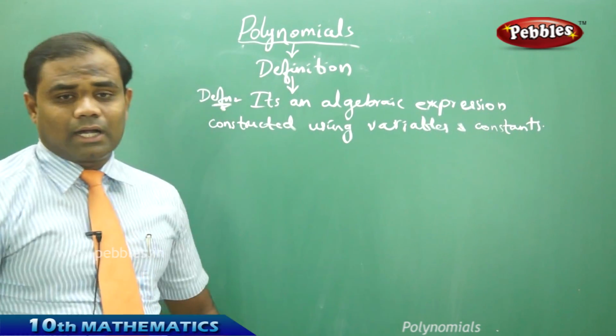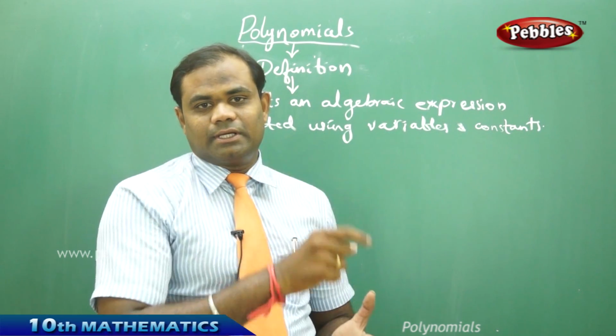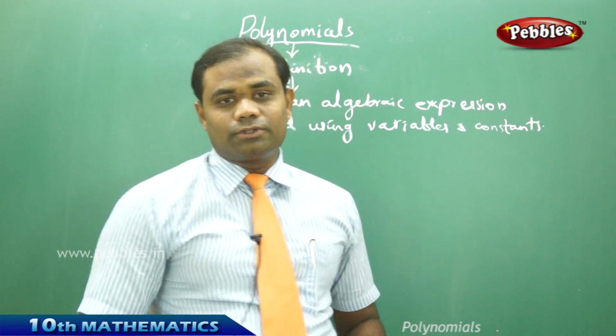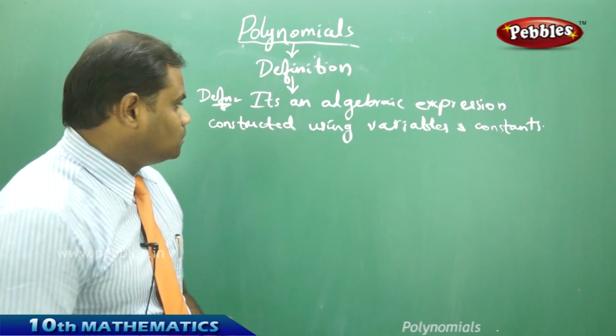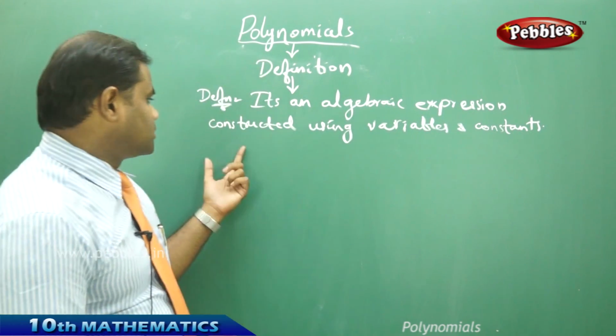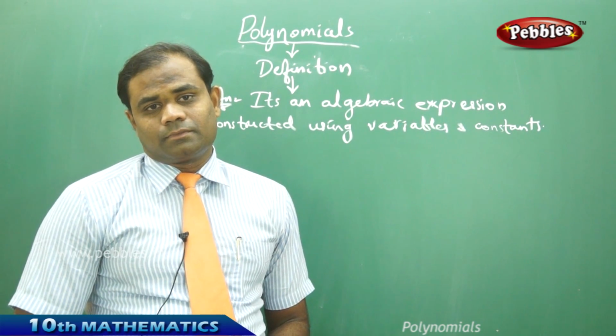Variables are the ones which can be changed according to the value you fix, but constants are values which are fixed and do not change with the changing value of the variable. So a polynomial is an algebraic expression constructed using variables and constants.